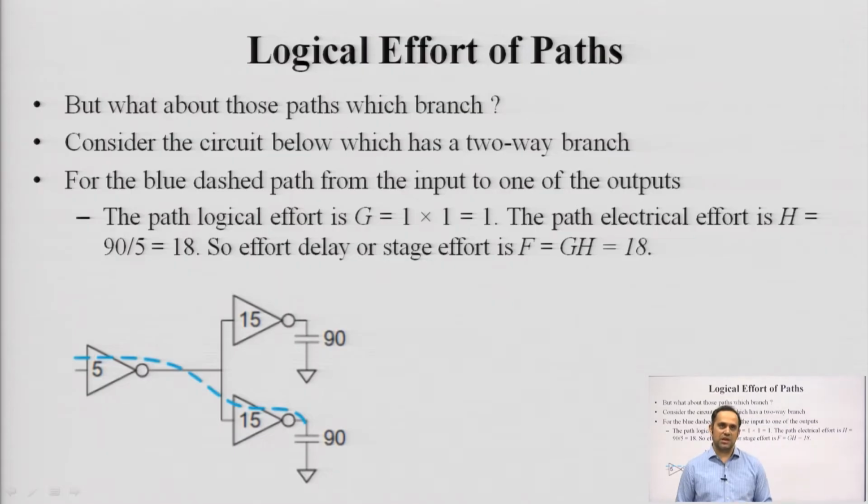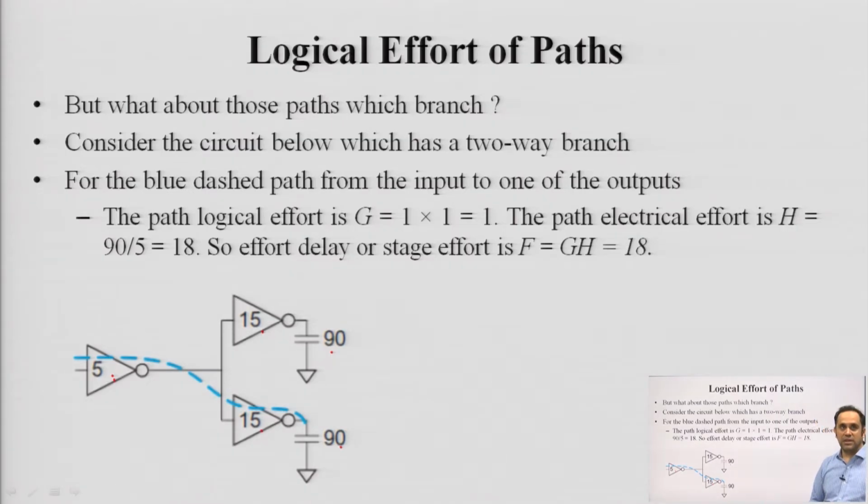Say if you look at the circuit which is given in this slide, you have an inverter here, input capacitance of 5 units, driving an arrangement where you have this inverter of input capacitance 15 units, another inverter of input capacitance 15 units, driving a load output capacitance of 90 units and output capacitance 90 units.